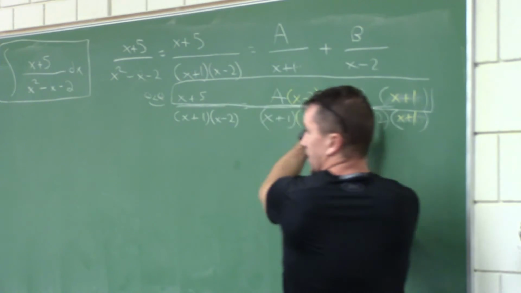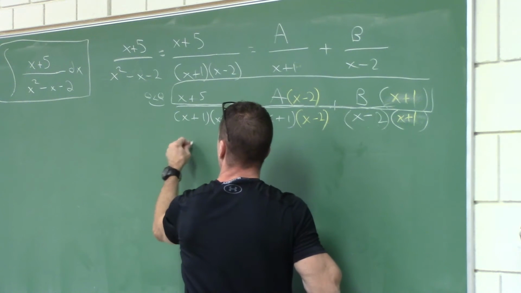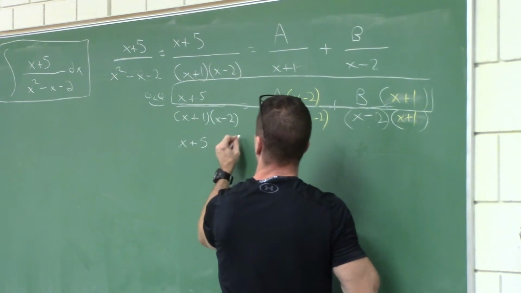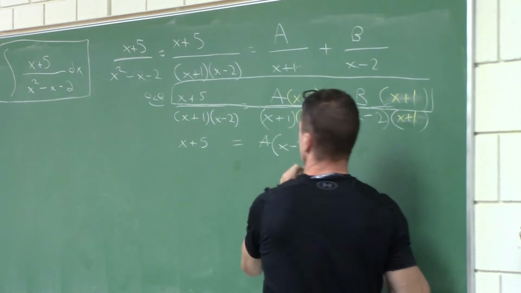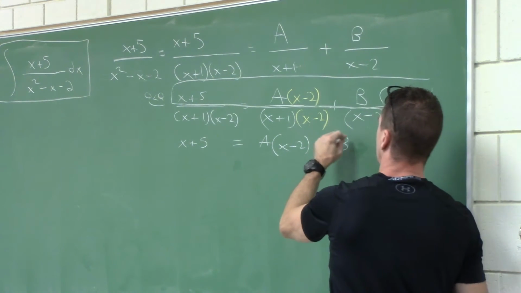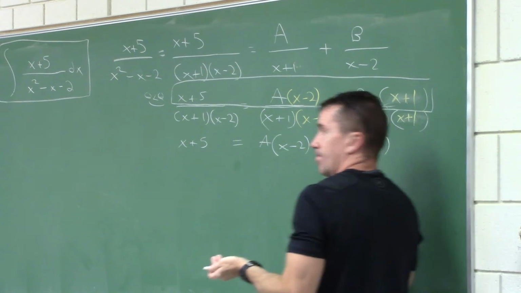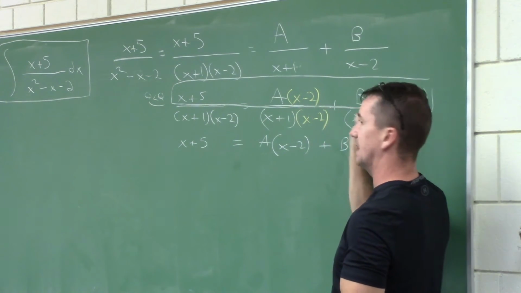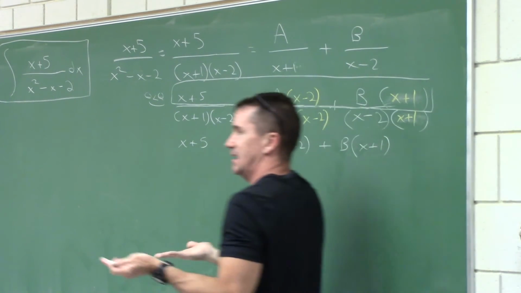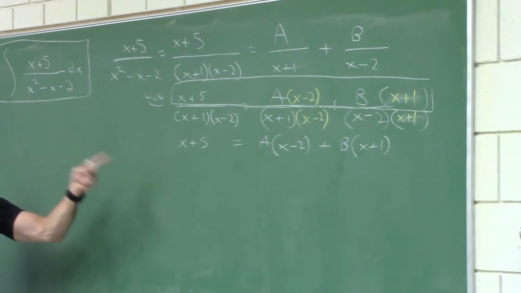I'm just trying to figure out A and B. If these are already equivalent, let's just examine: x plus 5 must equal A times x minus 2 plus B times x plus 1. You agree? x plus 5 must be equal to A times x minus 2 plus B times x plus 1, right? Because all the denominators are the same. So now we get those denominators out of the way.